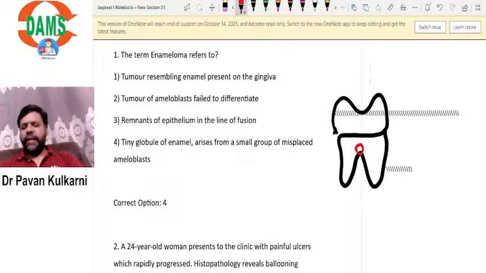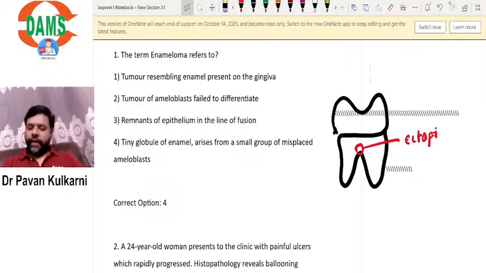So it is nothing but an ectopic enamel actually. Normally we don't see enamel on the root. Here at the furcation area we are seeing some ectopic enamel. That ectopic enamel is known as enameloma.